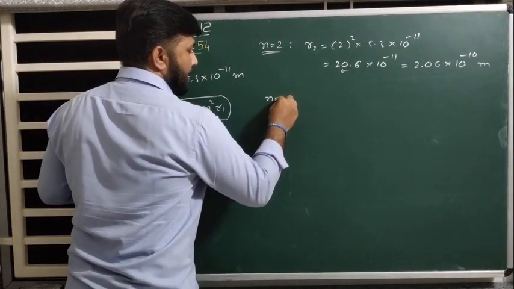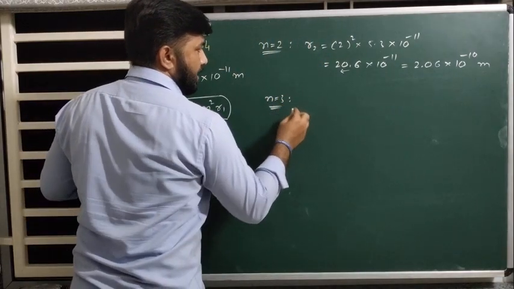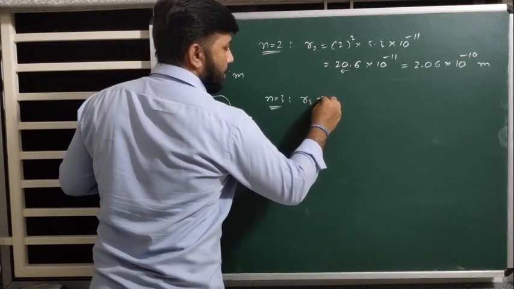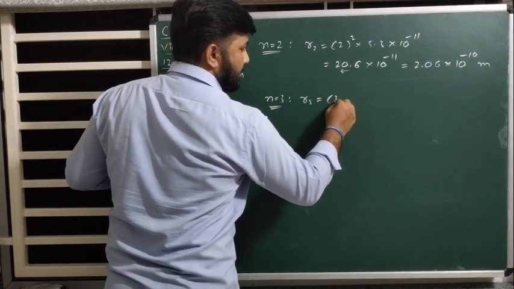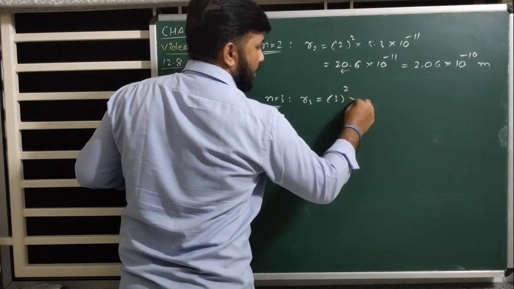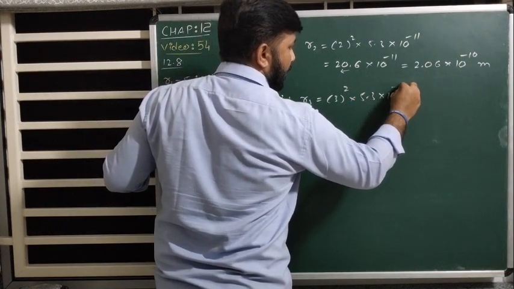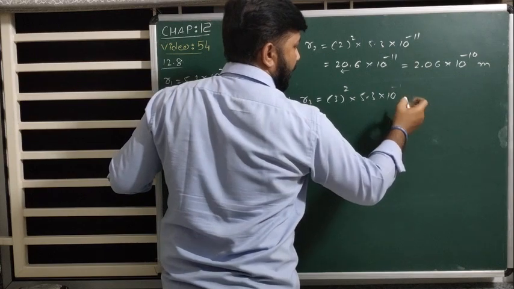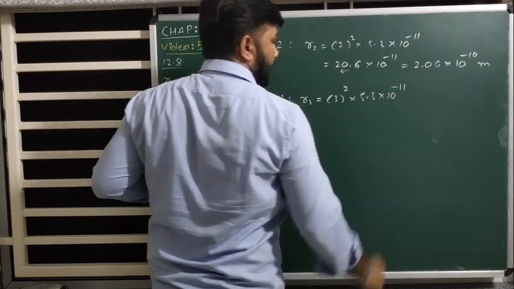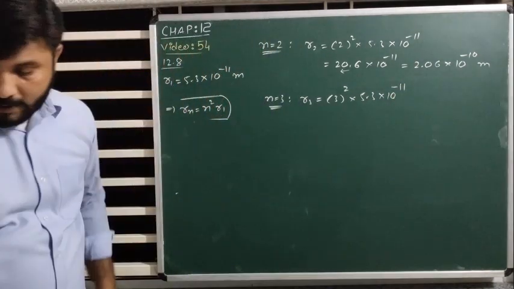Same way, n is equal to 3. So it is very easy now, we will do it on our own. So it is 3 square multiplied by 5.3 multiplied by 10 raised to minus 11. Can you do it? Okay.